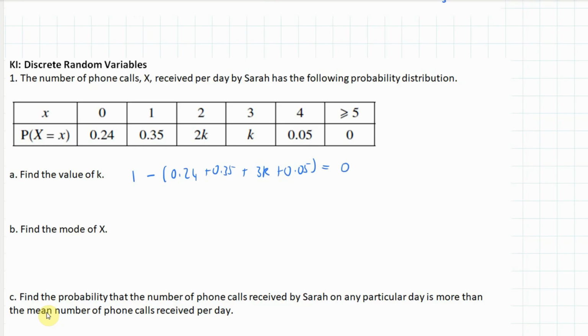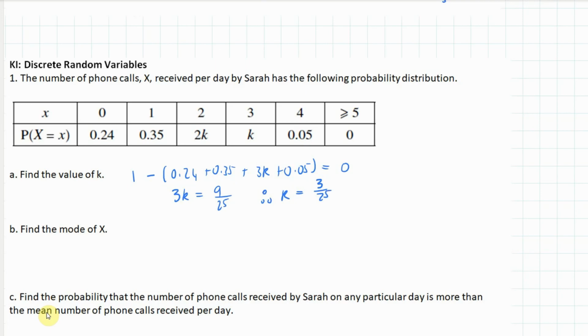Okay, and we can solve it. So 3k, and when I do that, I should have put the 3k across the other side. So 3k equals 9/25, and so therefore k is equal to 3/25.